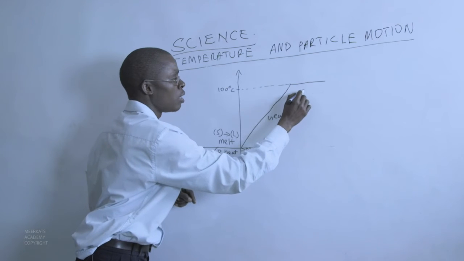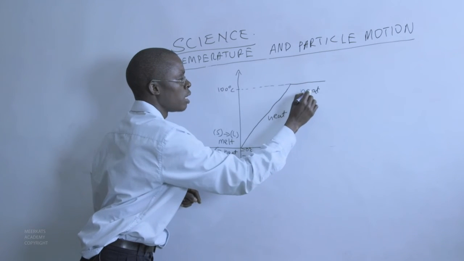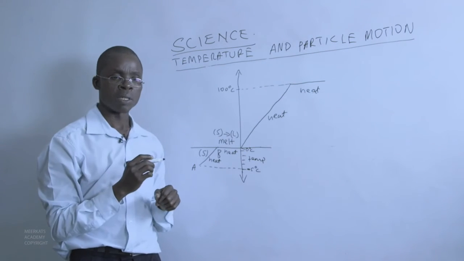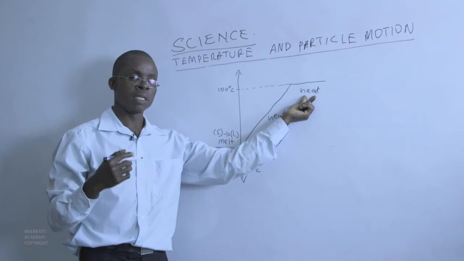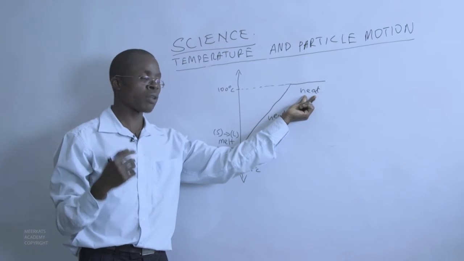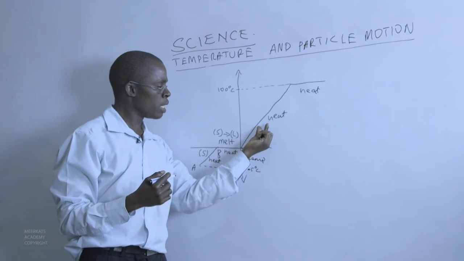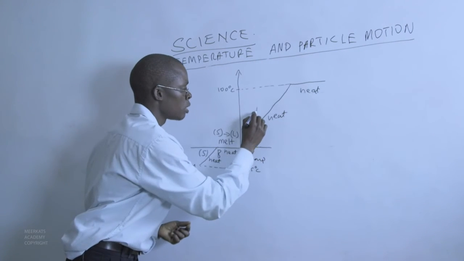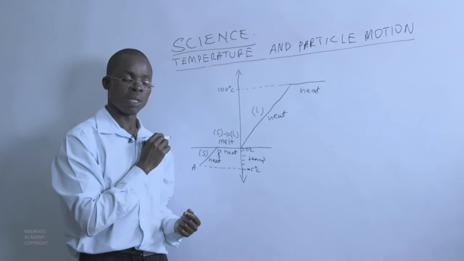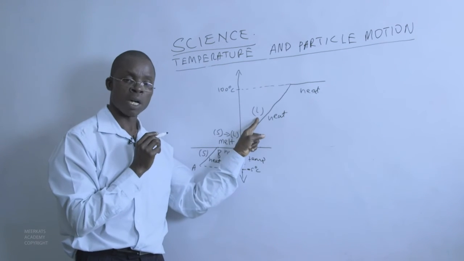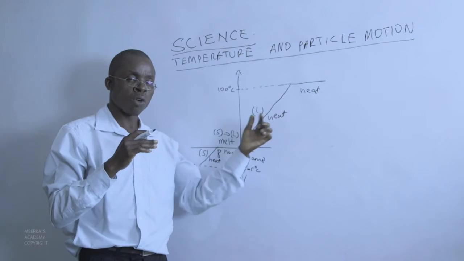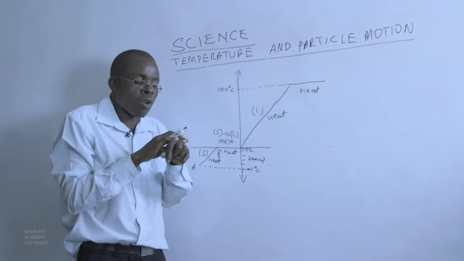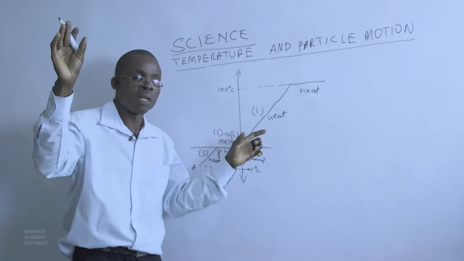But remember, you are still continuing with the heat. What's happening? The heat energy being added in is being used to break the forces holding the liquid molecules, because this one is now a liquid after melting. The forces hold the liquid molecules close together so that they can only roll over but cannot break free.